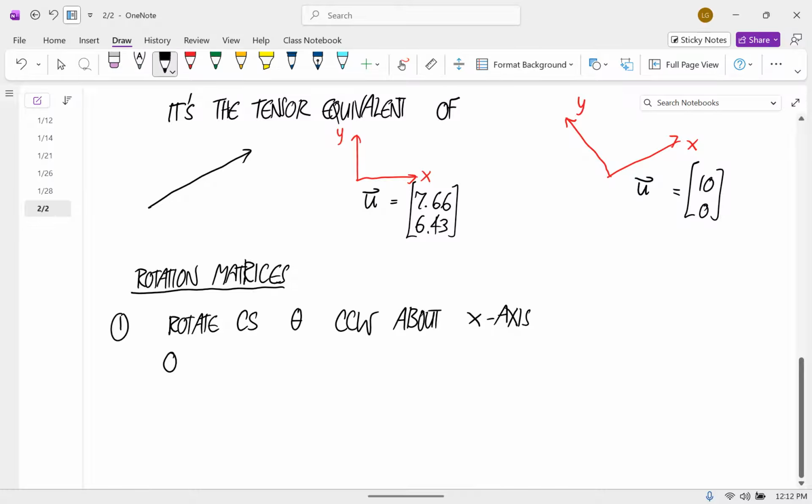But in order to do this, the rotation matrix Q is 1, 0, 0, 0, cosine of theta, sine of theta, 0, negative sine of theta, cosine of theta.